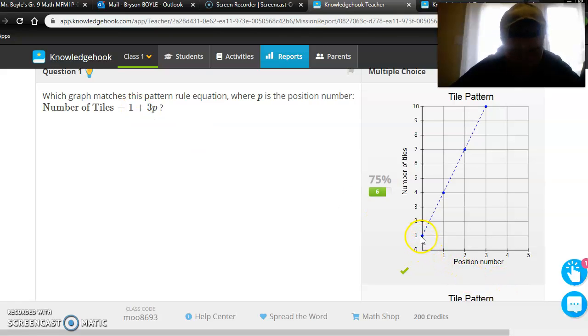Yep, that matches. At 1, I'll put that in. 3 times 1 is 3, plus 1 is 4. At 1, it should be 4. Yep. If I put 2 in, 2 times 3 is 6, plus 1 is 7. At 2, it should be 7. It is. So this graph matches this equation up here.